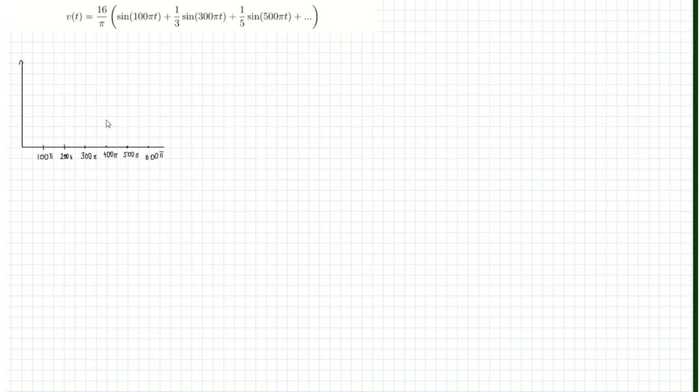So the first harmonic has amplitude 16 over pi. Let's mark it here. The given signal has only odd harmonics, so the next one will be for the angular frequency 300 pi, and it will be 1/3 of the initial amplitude. So this is 16 over 3 pi. Then 1/5 of the amplitude of the first harmonic. We can mark it somewhere here.